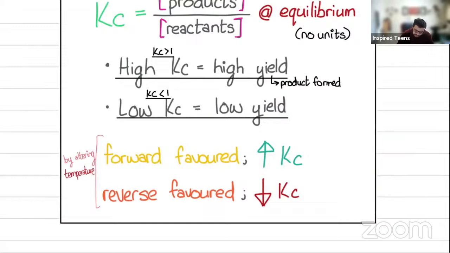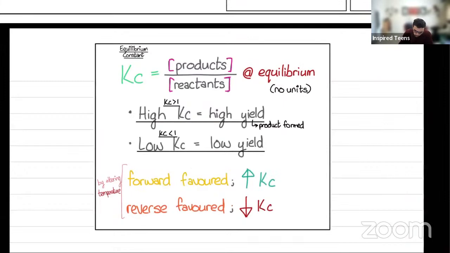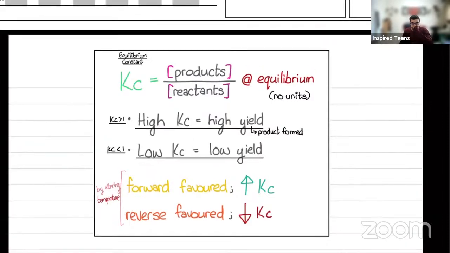Because greater than 1 would mean more products than reactants, and less than 1 would mean more reactants than products. So a Kc greater than 1, high Kc, means high yield, a high amount of products formed. Low Kc, less than 1, means low yield, a low amount of products formed.